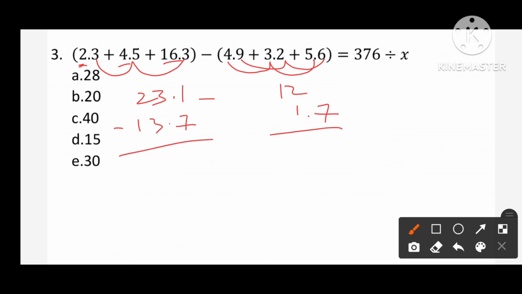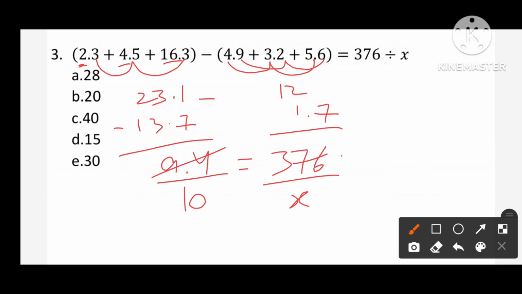We need to subtract 13.7 from 23.1, we get 9.4. 9.4 equals 376 divided by x. Let's write this as 94 divided by 10. 94 4 times 4 times 16, 4 9 times 36, 37. So x value will be 40. So the answer will be option C, 40.